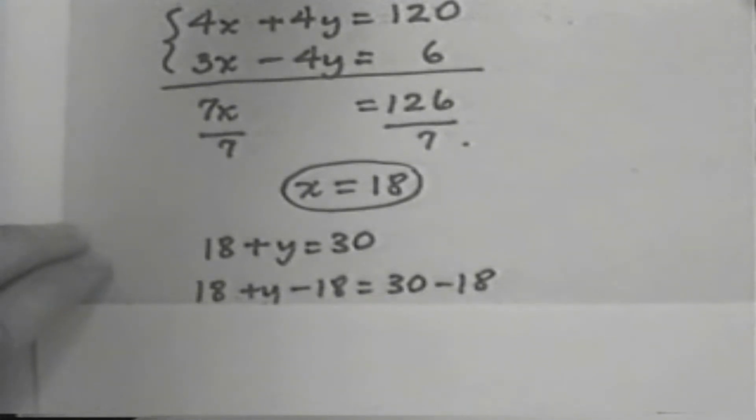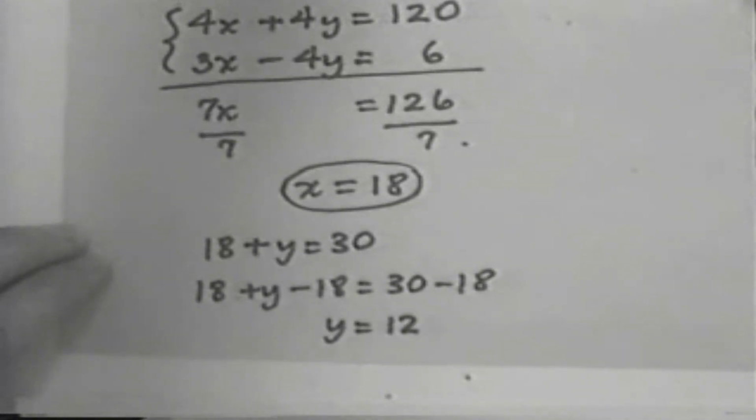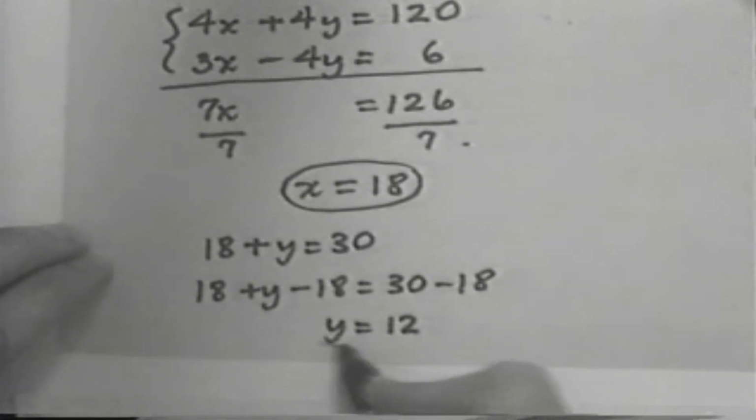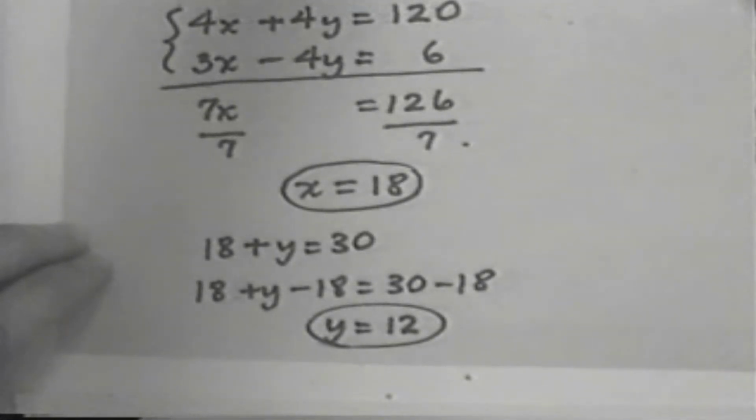We'll subtract 18 from both sides and get 18 plus y subtract 18 equals 30 subtract 18, which tells us that y is equal to 12. So we've solved the system of equations, and we've got x is 18, y is 12.